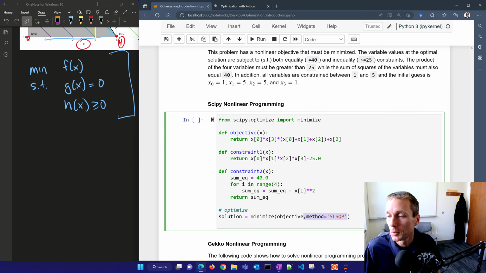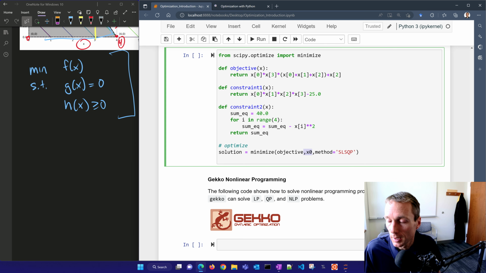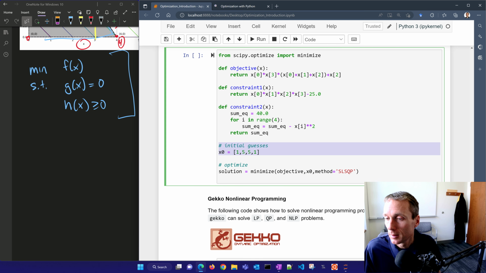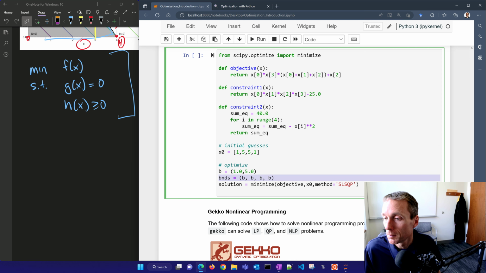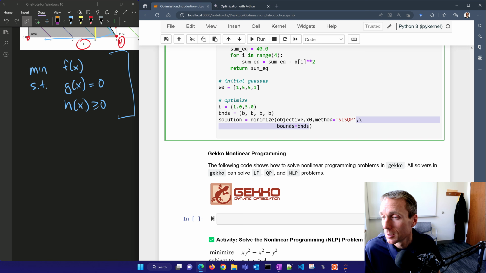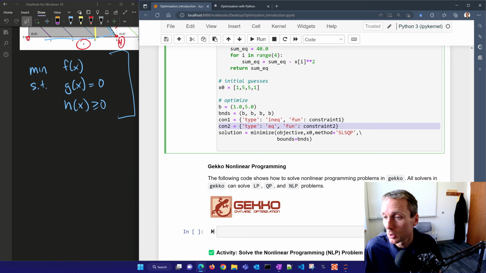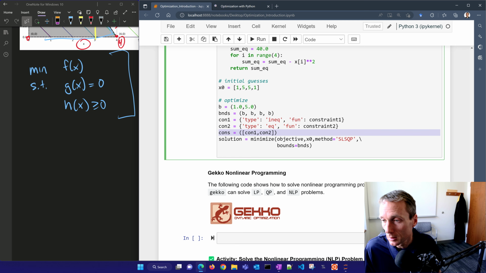I'm going to put in here method as SLSQP, and I'll put in my initial guess x0. And then let's put in my bounds. These are going to be between 1 and 5 for each of those. And then also my constraints. I have an inequality constraint, that's constraint 1, and constraint 2 is going to be an equality constraint.